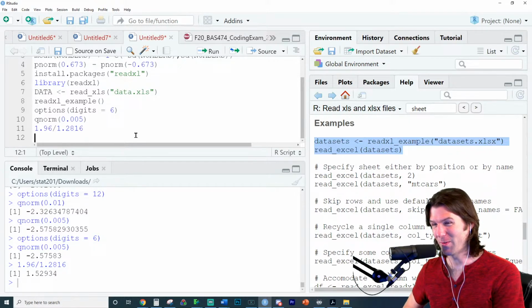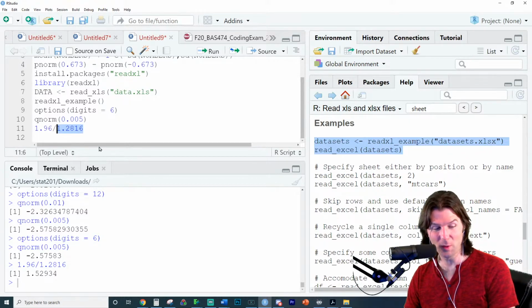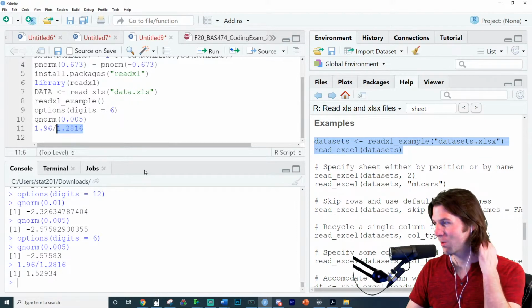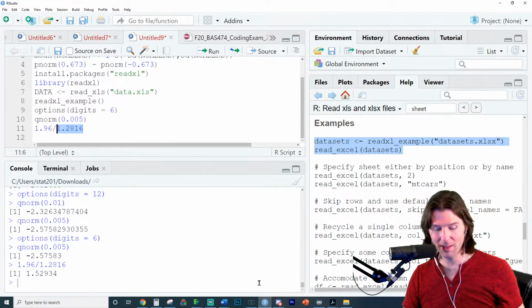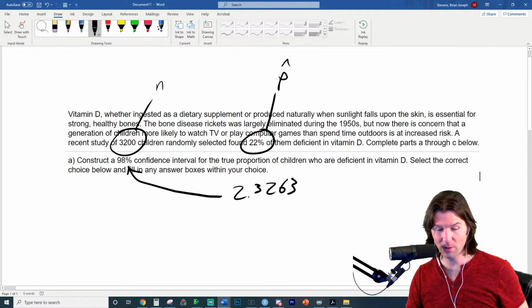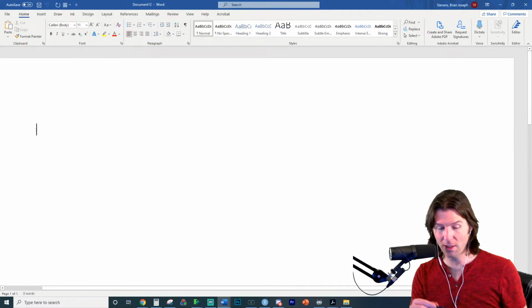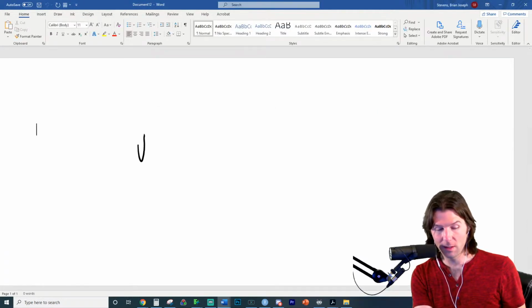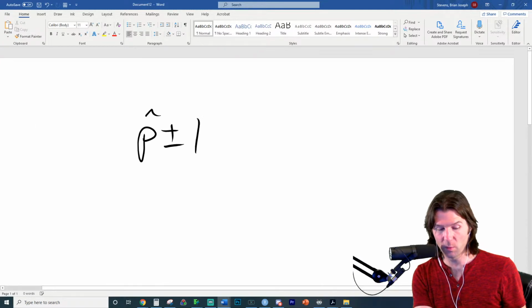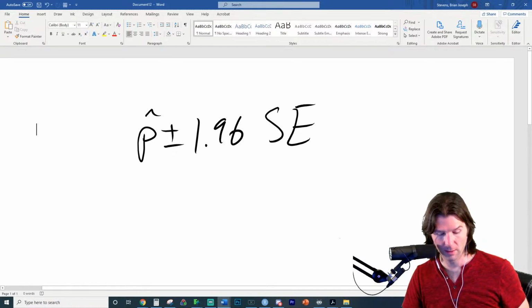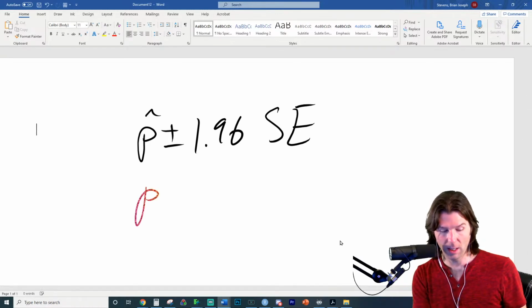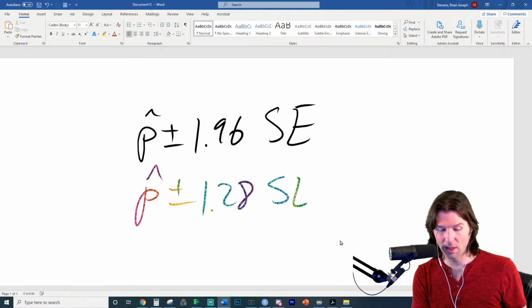Yeah, exactly. The z-score is 1.28. And so think about this. Mathematically, I want everyone to realize this, and that's why there's more uncertainty in all of this than we talk about. What we're talking about is p hat plus or minus 1.96 times the standard error, and then p hat plus or minus 1.28 times the standard error.